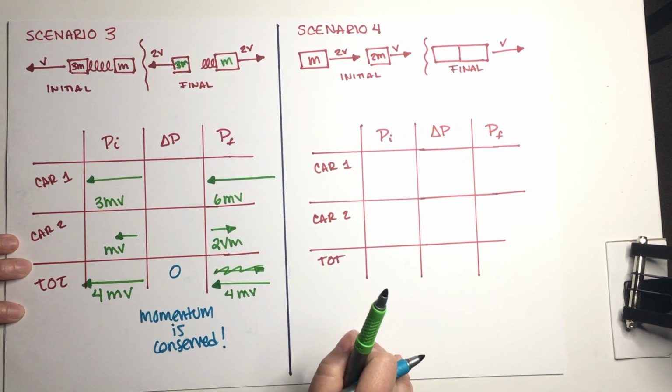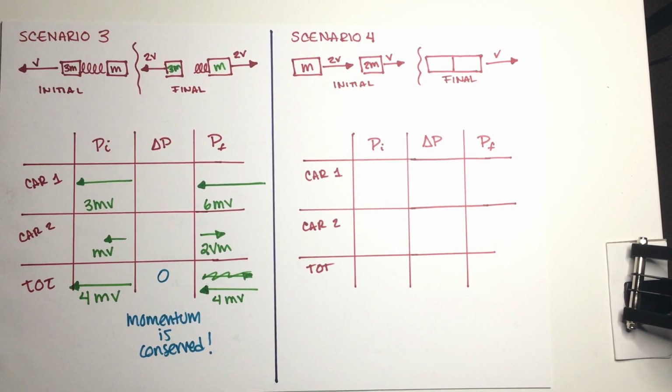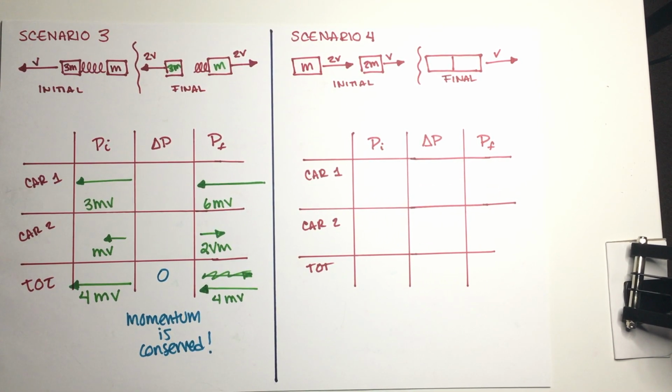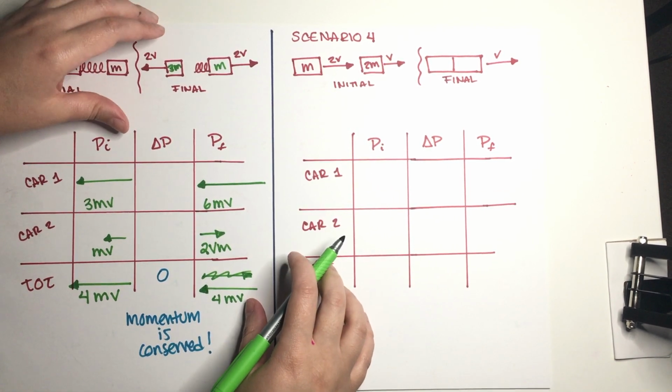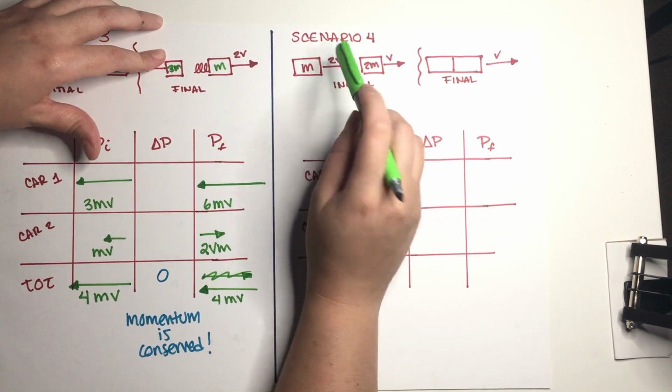And there we go. So now for the final scenario, let me just read the problem real fast. Two moving carts stick and continue to move together. So both of them are initially moving at different velocities, but then they basically get stuck together. So let's just follow what we've been doing so far. One of the carts has mass m, velocity 2v.